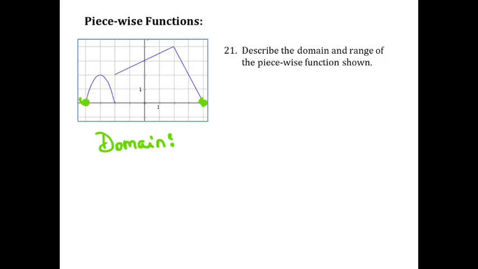And it looks like every x value in between is defined on the function. And so that domain would be negative 4 less than or equal to x less than or equal to 4, or you could write that as negative 4 to 4 using interval notation.